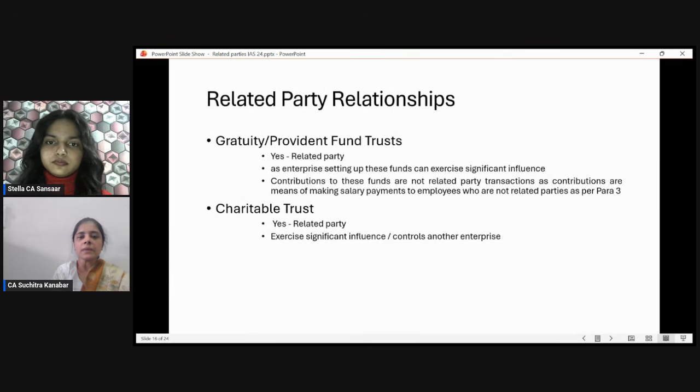Because these funds are set up by enterprises and they can exercise significant influence. Because of the significant influence or control, they are covered under related party relationship. But the important thing to note is that contribution to these funds is not a related party transaction, as contributions are a means of making salary payment to employees who are not related parties as per para 3.